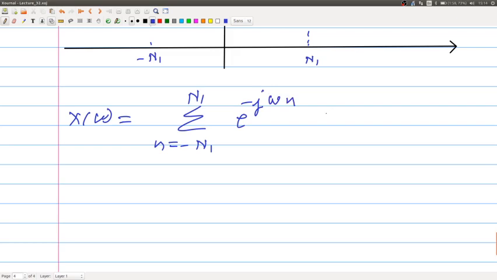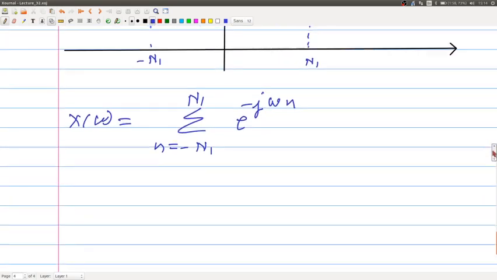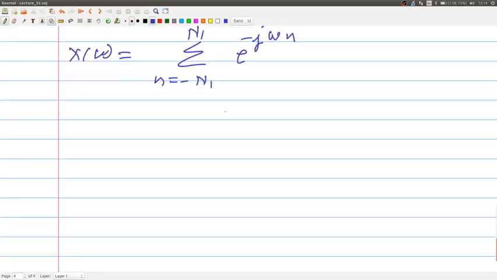Right. So do this as an assignment. I am simply writing the answer. So you will get a finite GP, and then you can use the formula to get the expression.